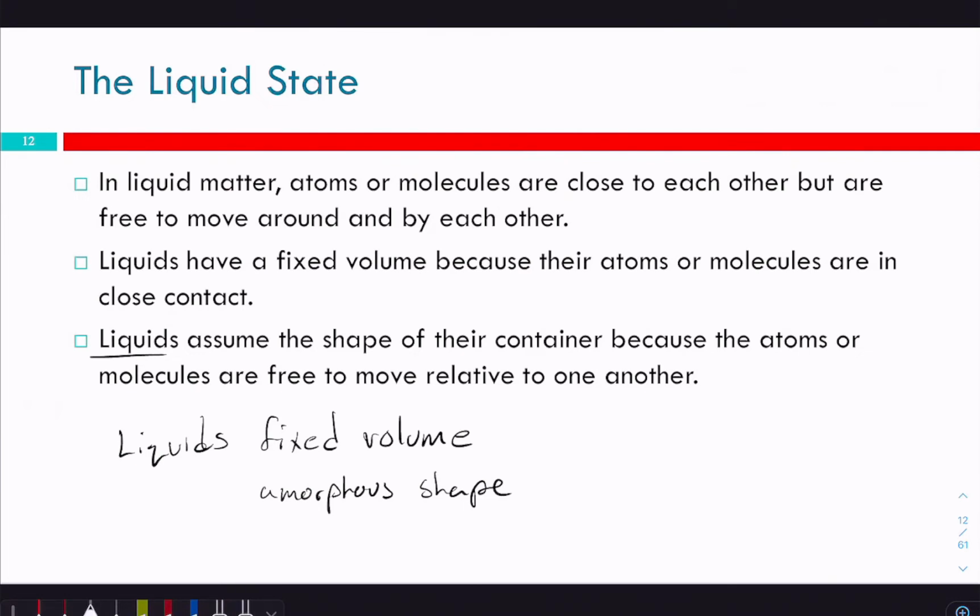They don't have a rigid shape. They have a liquid shape, which is terrible, right? They're amorphous, so they can change their shape to fit the container, or to match the container that they're in.